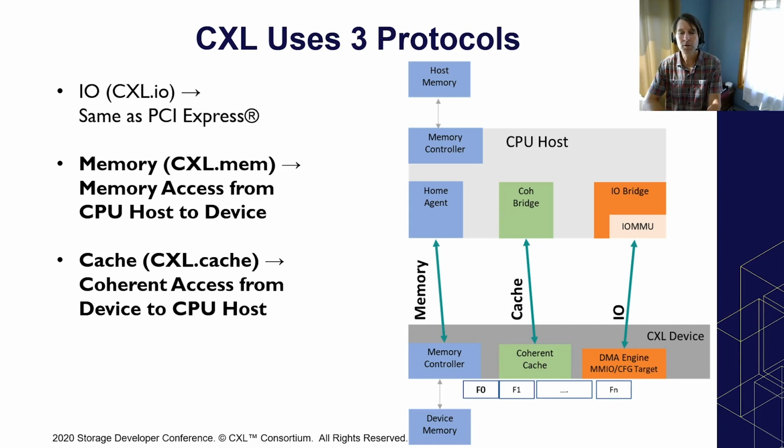We add the memory protocol, where the host CPU can access memory within the device. So it's a directional protocol from host to device for memory access. And then we add the cache protocol, which allows the device to directly access cacheable memory in the host CPU. The memory and cache protocols are what will be discussed today.